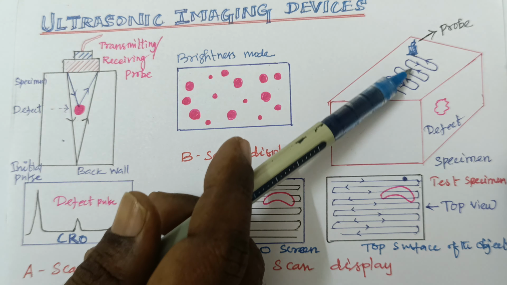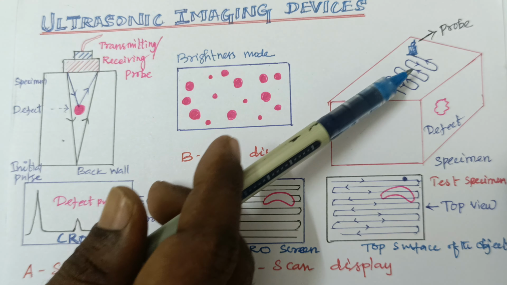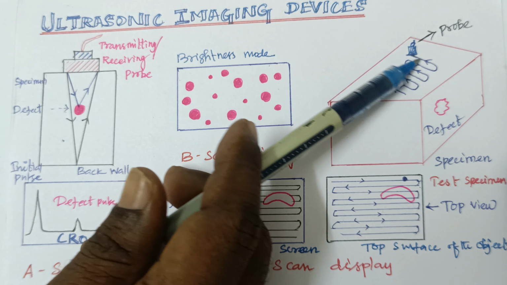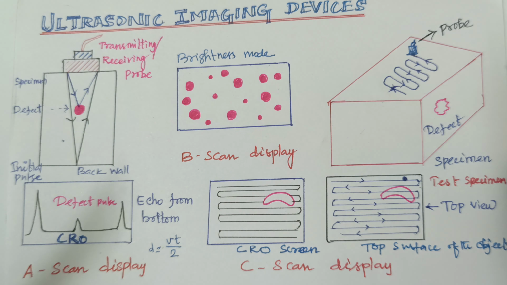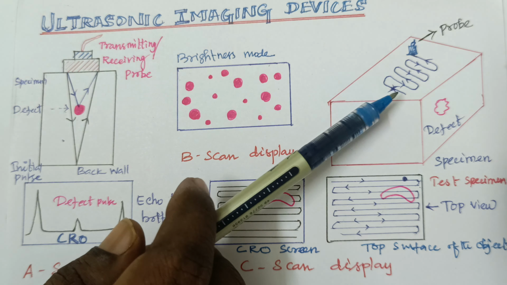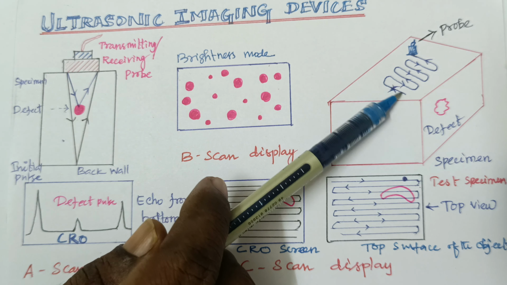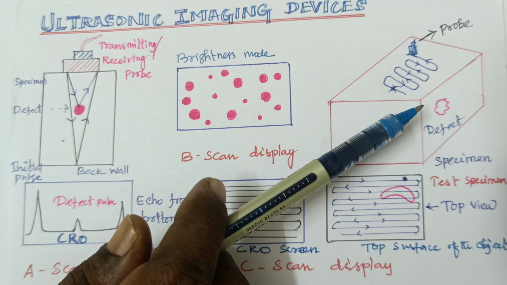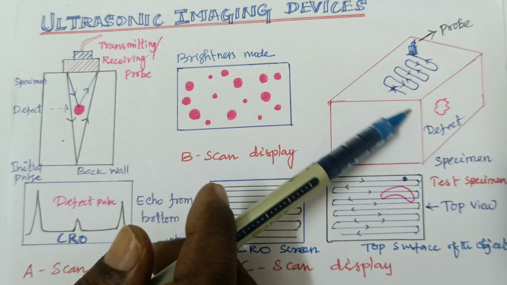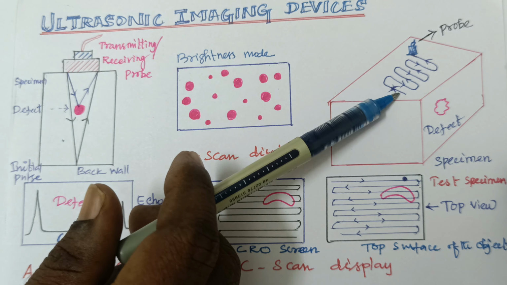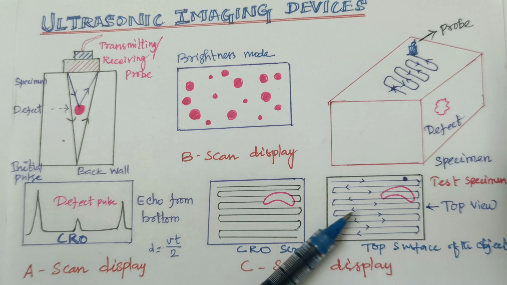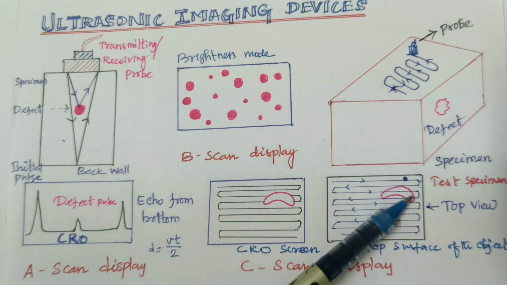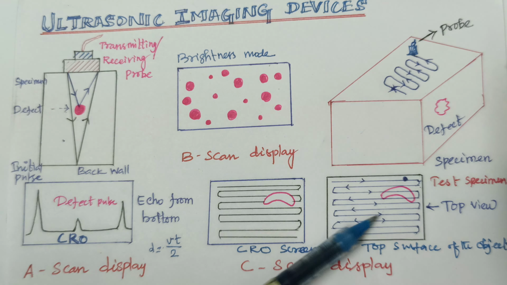It is moved over the surface of the specimen in the form of a zigzag fashion, or closely placed parallel lines. This is the top of the surface, which looks like that, the zigzag XY platter.